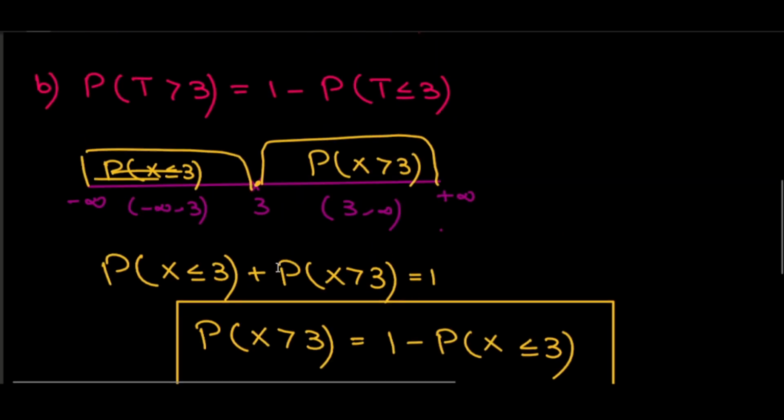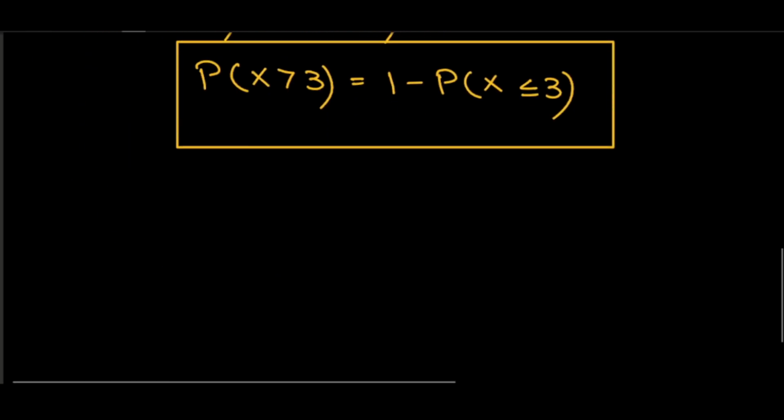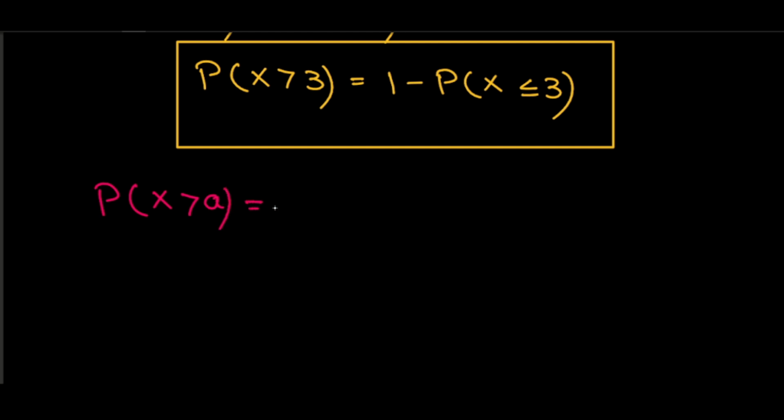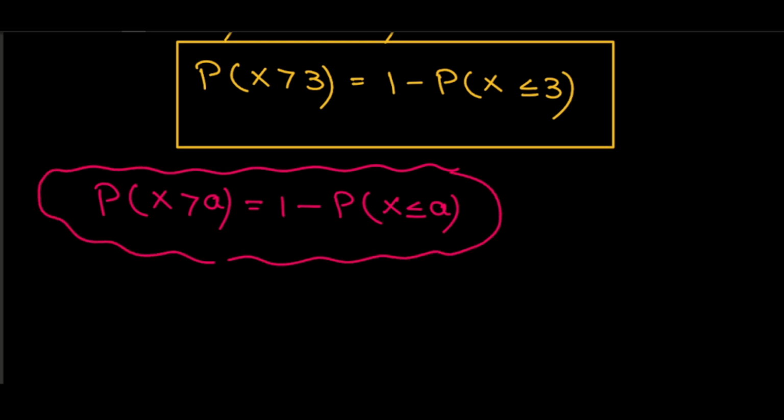You can generalize it like this: whenever you have the probability of X greater than some value small x, or let's say some constant a, you can directly write it as 1 minus the probability of X less than or equal to small a. This is a very important formula, you can use it, okay?